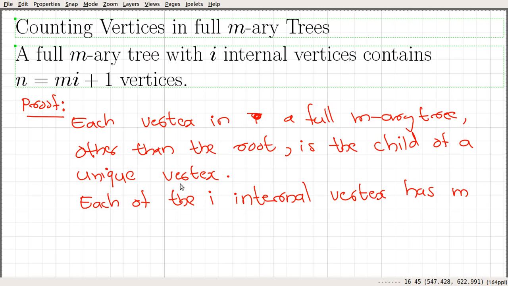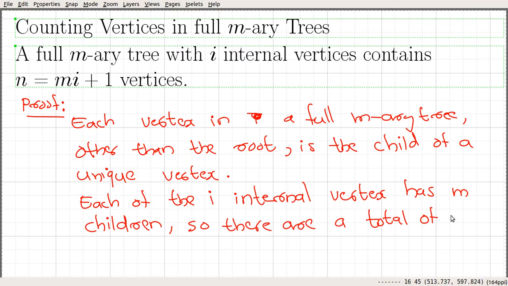And that says there are a total of mi children. So taking this count and adding the root node, we get the result mi plus 1.